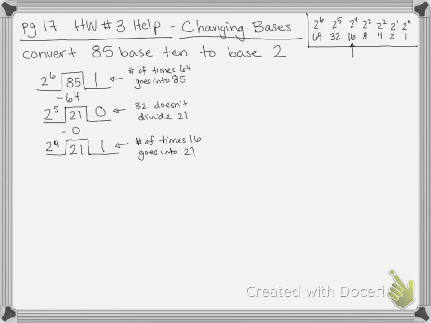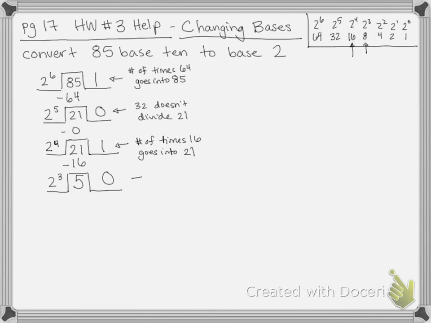And that goes in one time, which means we want to take away a 16. And again, we're going to jump to the next power of 2, which is 2 cubed. And I now have 21 minus 16, which leaves me with 5. And now the question is, does 8, or 2 cubed, go into 5?